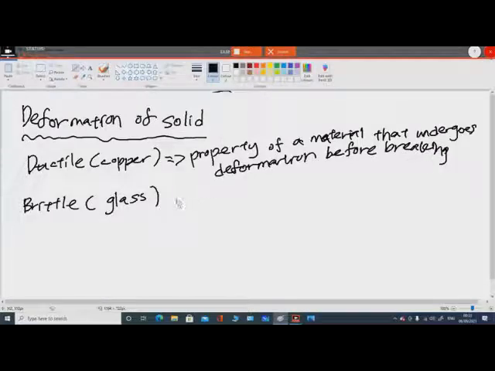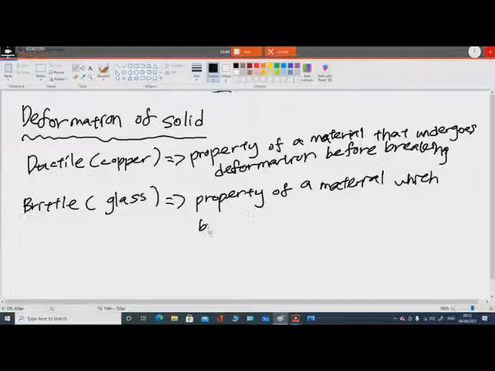Brittle is the property of a material which breaks and does not undergo plastic deformation.